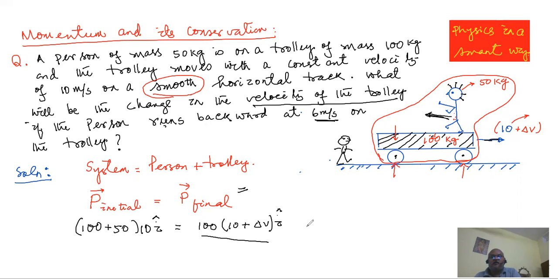And plus or minus the person's momentum. The person has a mass 50. And what is the velocity? You may be inclined to write 6 or minus 6. No, it's not true.